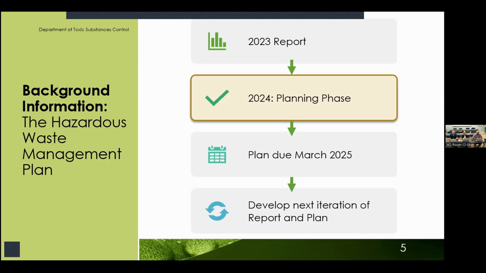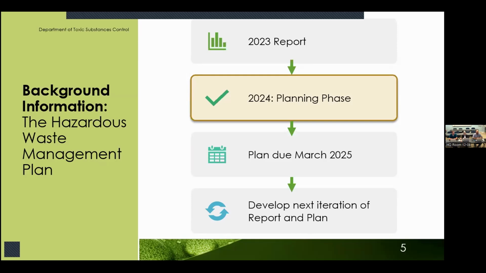The changes require the department to complete hazardous waste management reports that will feed information into hazardous waste management plans. In 2023, DTSC published the first hazardous waste management report. DTSC is using the information in that report to draft the first hazardous waste management plan. The draft plan will be presented to the Board of Environmental Safety for approval, and then the cycle starts again.